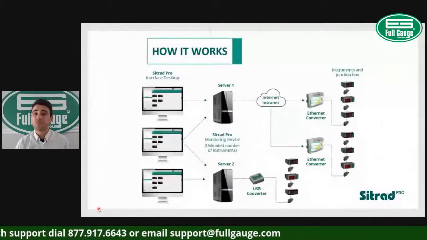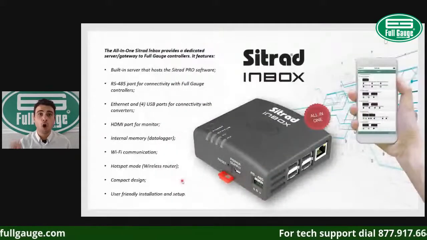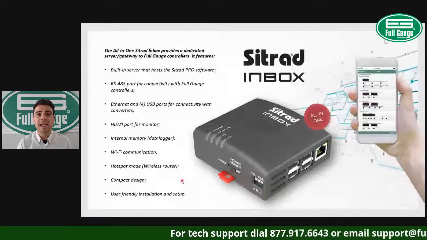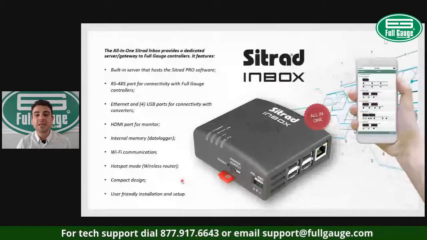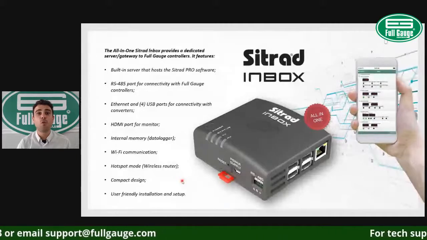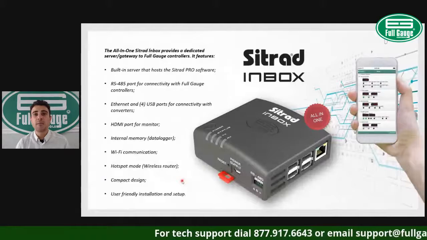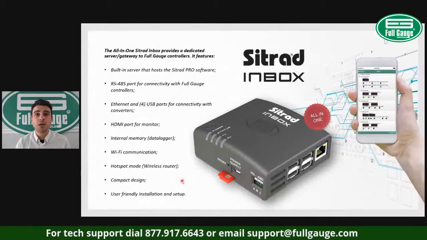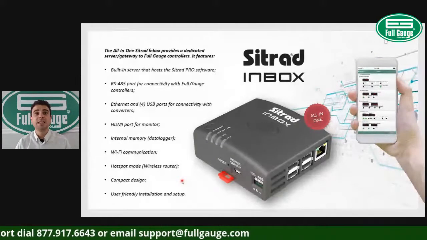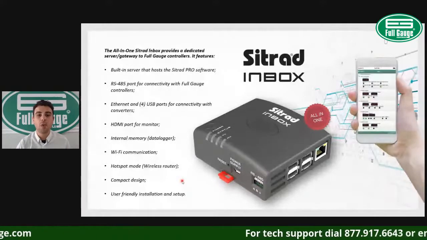CTRAD Inbox is a very innovative device which combines the Conv32, TCP 485, and TCP 485 Wi-Fi Log all in one. So the CTRAD Inbox includes your built-in Conv32, TCP, TCP Wi-Fi Log, and a computer all in one.